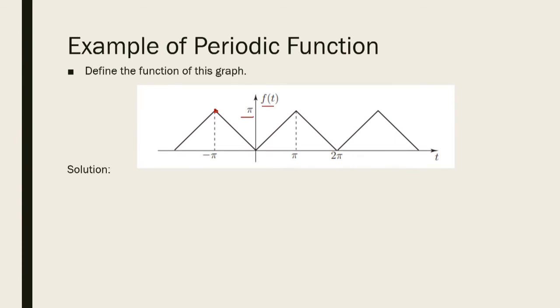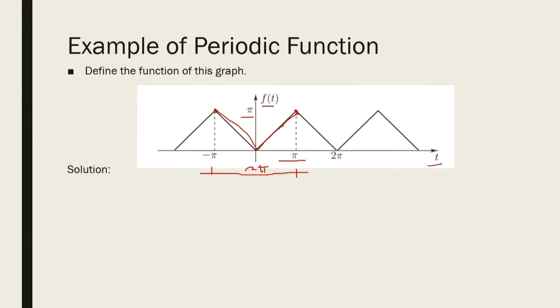As you can see here, it is at pi on the t axis. So we could say the distance between negative pi and pi is 2 pi, to put it simply. And it just repeats this type of pattern every 2 pi intervals.